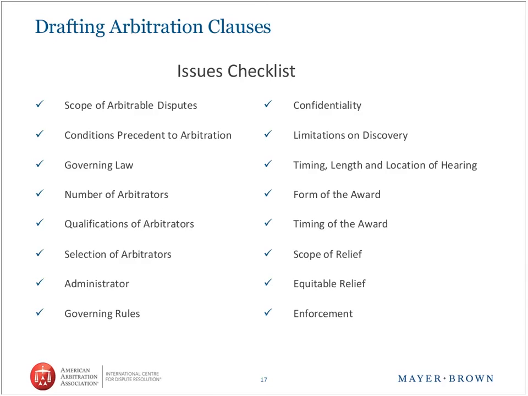We've all heard that before, but let me make a couple of suggestions. The first step is to understand the options that are available to you. We've talked about recent amendments that several of the major institutions have made. It's critically important that you recognize those amendments and understand that these are tools that are available to you when you're drafting your arbitration clause.